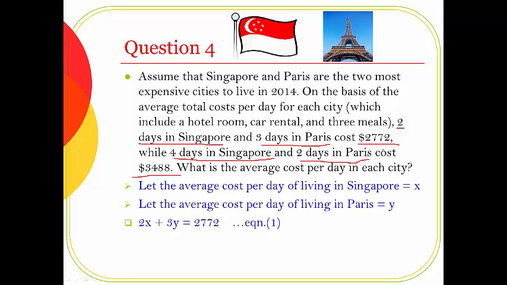Because x is the cost per day, if you have 2 days, it is 2x. Assuming x is $10 for a day, if you have 2 days, it's going to be $20. So that's why we wrote 2x plus 3y to be 2772. Then 4x plus 2y will give us 3488. And those are your two equations.